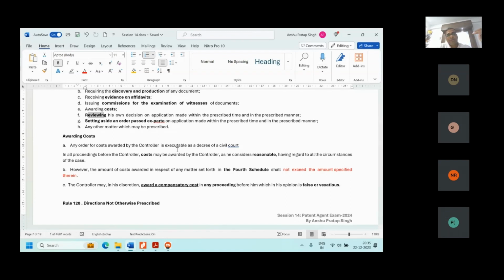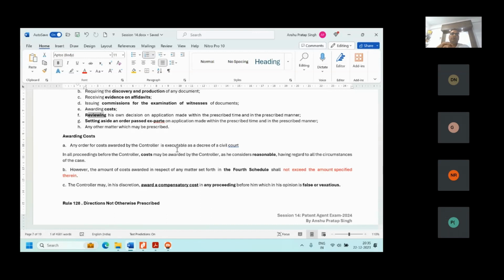If in 1 month he is not approaching, then I will just give you a flow chart of this again to you. This has not been scanned, so I'm not sharing it here. So 1 month of the order or further period as the controller may allow. And this 1 month can be extended 1 month at a time. So 1+1, not more than that. So this is the time period in which you can approach for review.